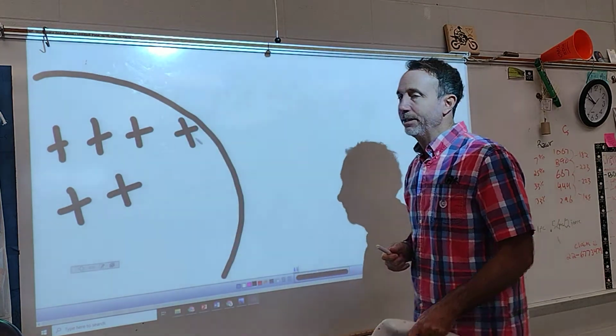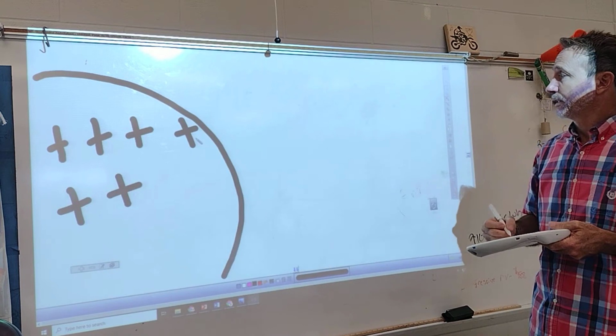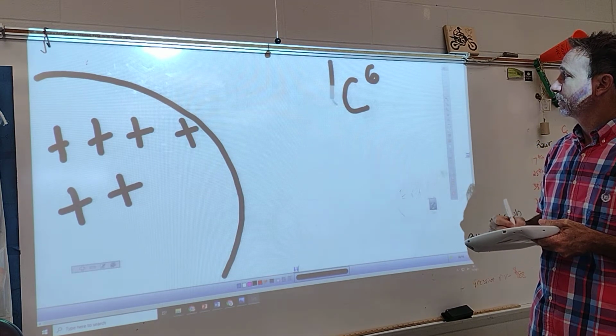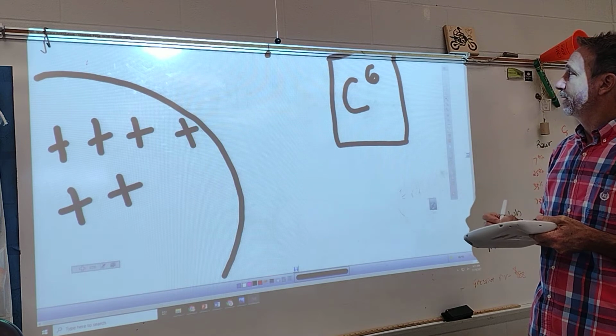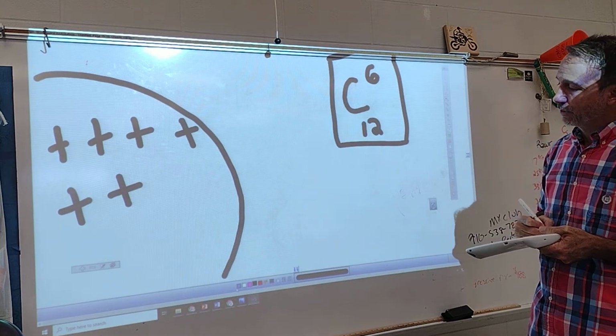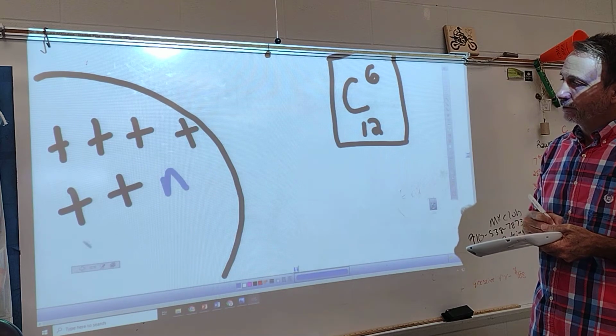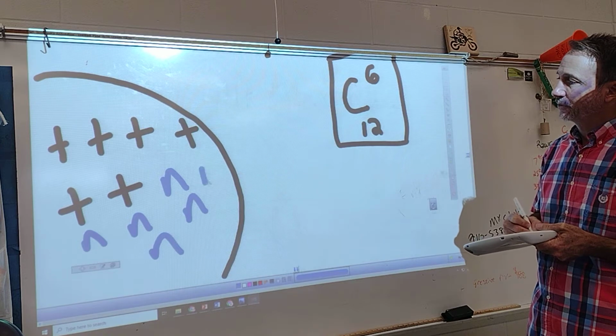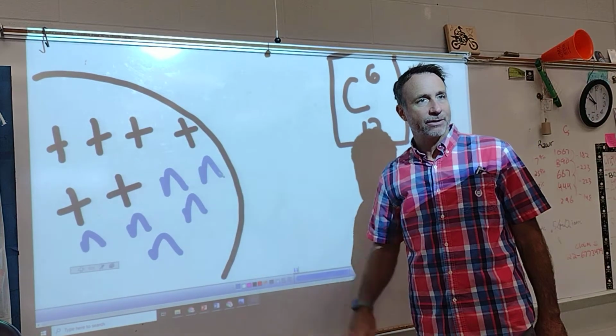Now, normally, carbon is number 6, and it normally has a weight of 12, which means normally it would also have 1, 2, 3, 4, 5, 6 neutrons. Does that make sense?